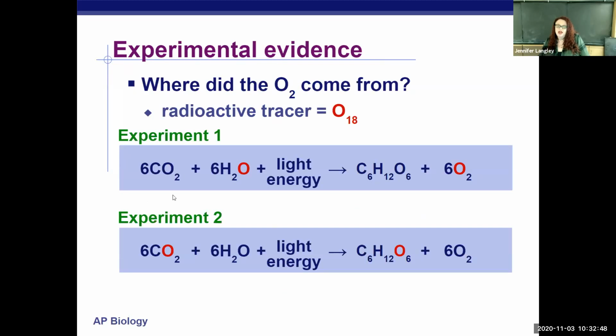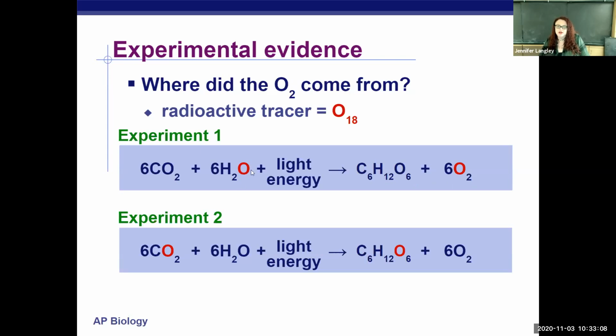Now, they wanted to find out, how do I know that this is what happens? So they put a radioactive tracer on the oxygen found in water. They then let it undergo the process, and they found that sugars were produced, and the sugar did not have any radioactive tracing on it, but the oxygen in the system did.